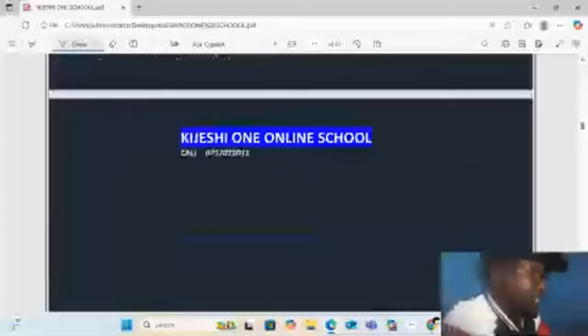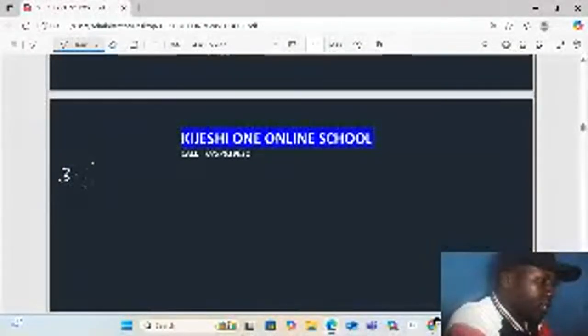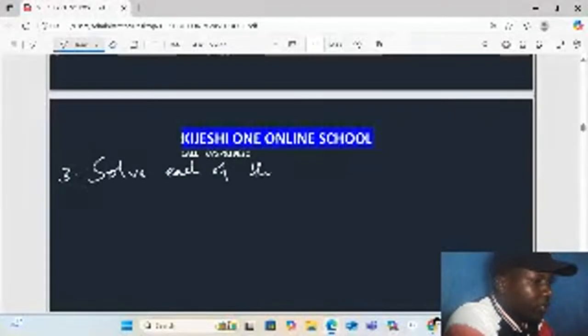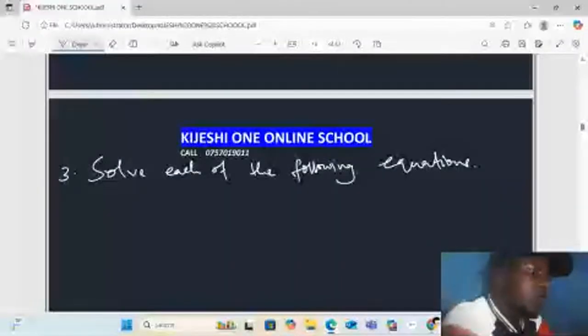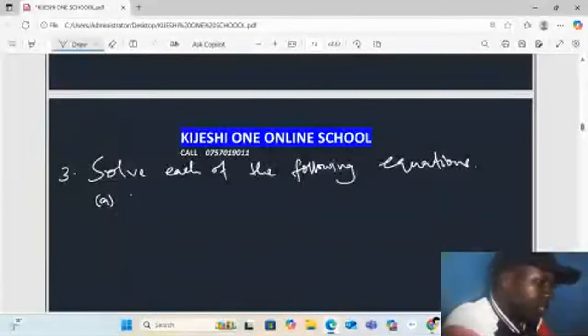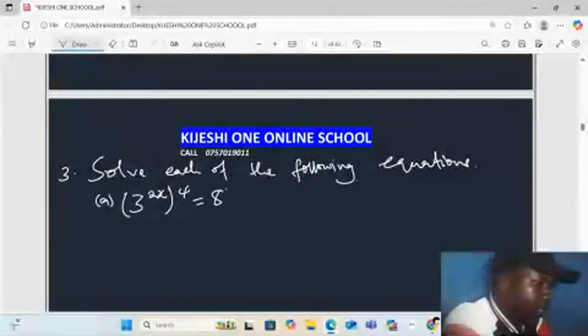Then lastly, the last exercise, number 3. These are for you. You can attempt them in your own free time. Solve each of the following equations. So we have A. These are the things we've looked at. You only need to apply what we've said. Now it's equal to 81.